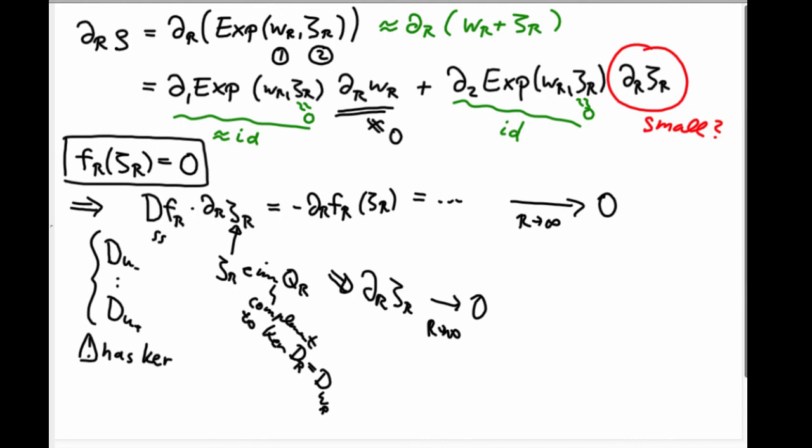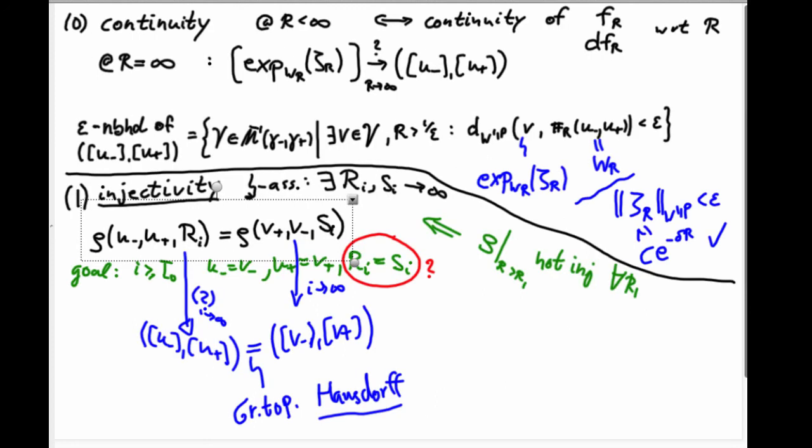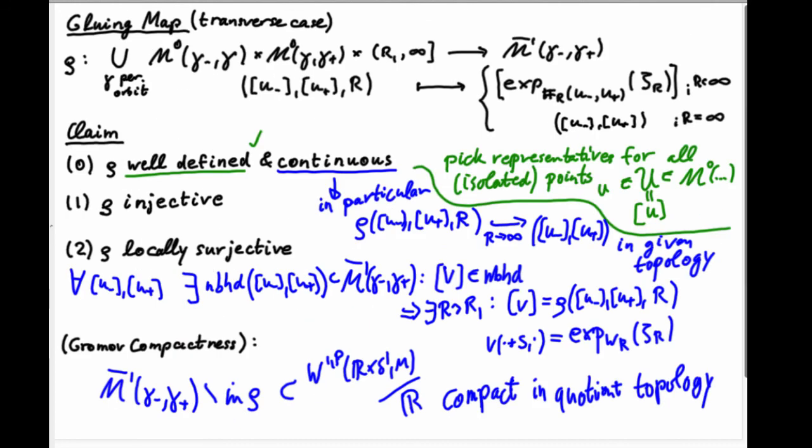Well, that's because we know what it is. It's the ds derivative of u minus, on a large domain on which essentially the whole energy of u minus sits. So okay, I have now successfully waved my hands about.